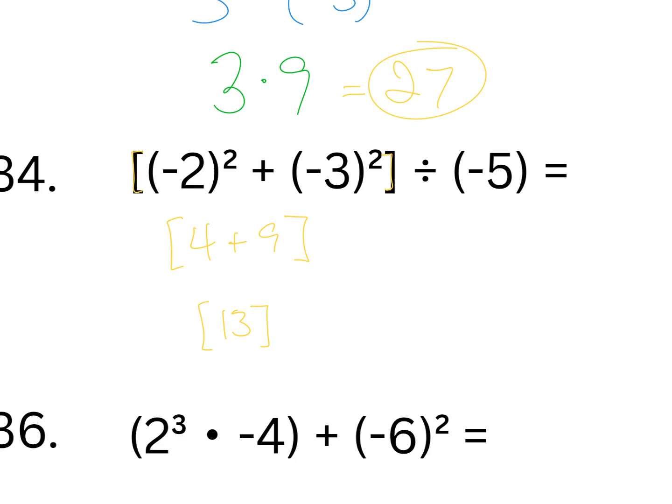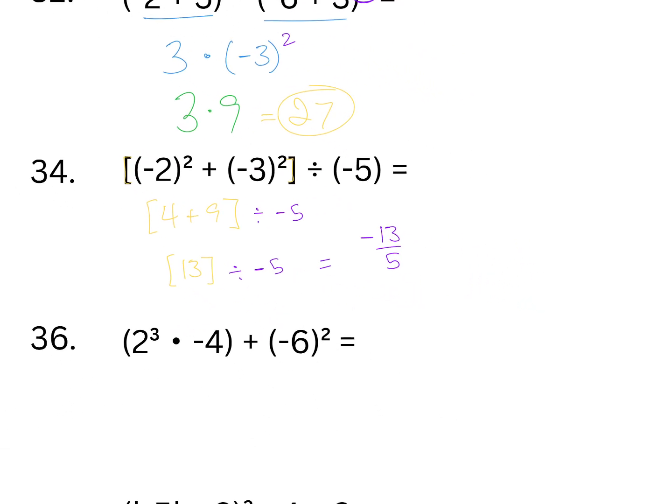And then let's throw this divided by -5, and we get our first kind of ugly looking answer because it's a fraction. So -13 over 5, that works. You could call it -2 and 3/5. You could call it -2.6. Any of those would work.